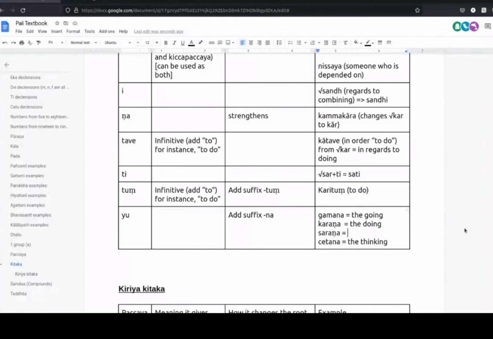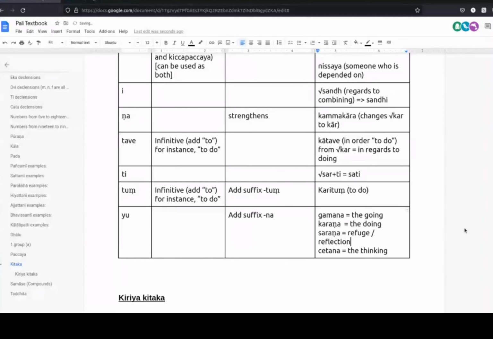Sarana can mean a refuge, or it can mean a reflection. Right, it's used a little bit differently than these two. But quite often, na is just used to turn a root into a noun.